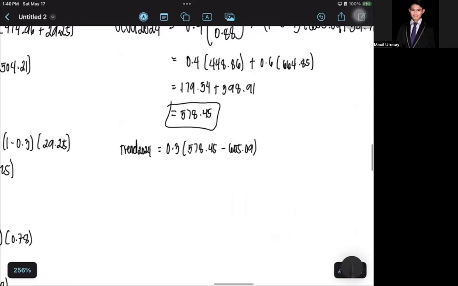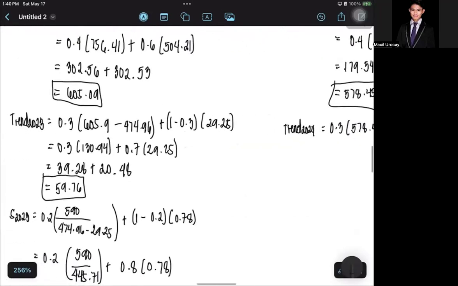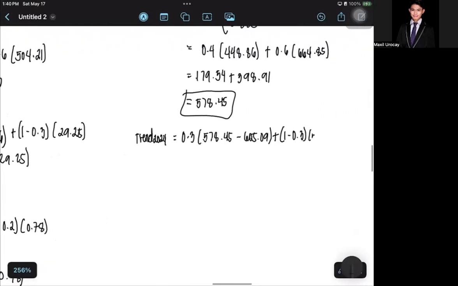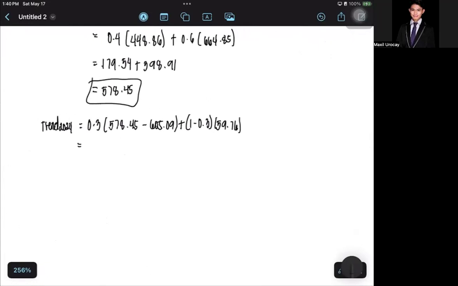Afterwards, you will add the parameter 1 minus 0.3, multiplied by the previous trend, which is 59.76. Calculating 578.45 minus 605.09 equates to negative 26.64, times 0.3, plus the 0.7 times 59.76.